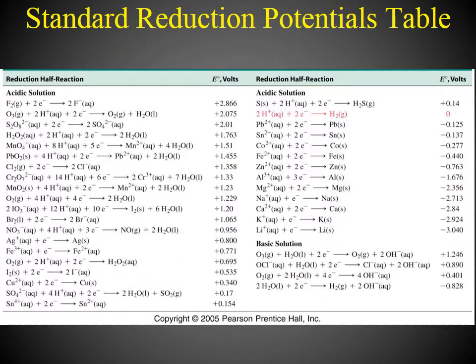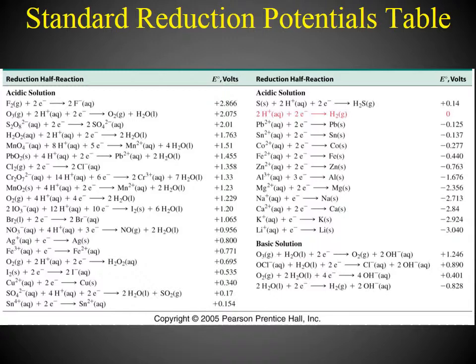Now we collect the voltage values for a variety of cells into a table which we call the standard reduction potentials table. Notice that all the half reactions written in this table are reduction half reactions.